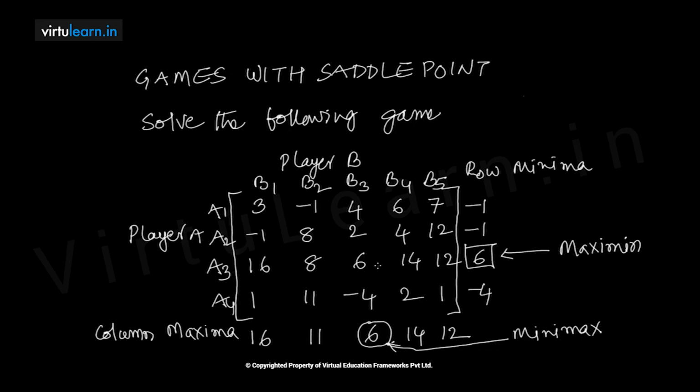This is the solution of the game, which is also known as the value of the game. So maximin is marked with the square box and minimax is marked with a circle. Both of them meet at the same place, so we put the circle in the square box. That is the reason we mark that, and that is the solution.